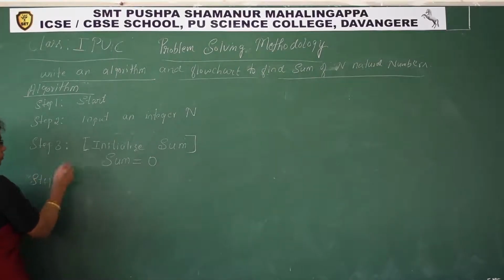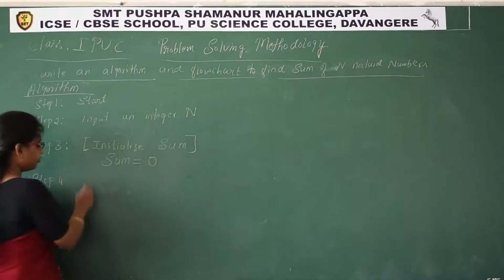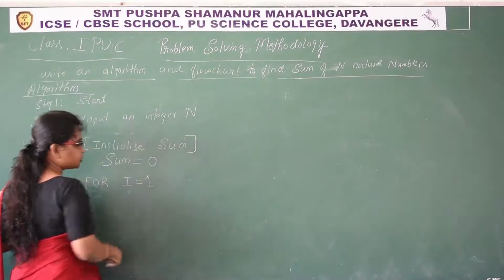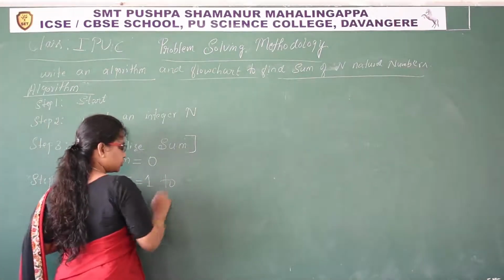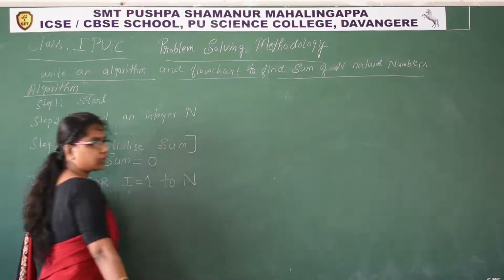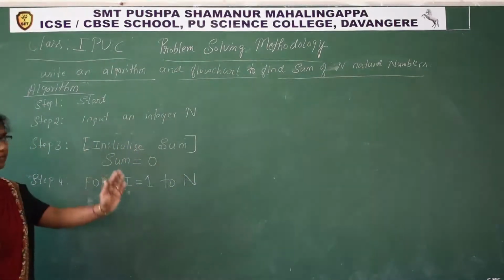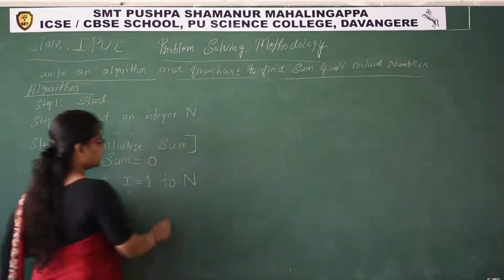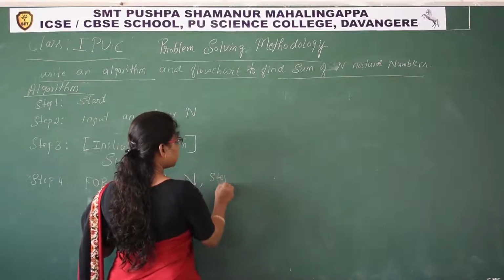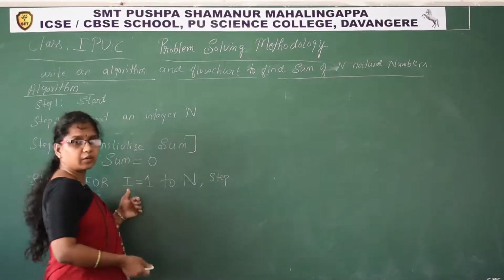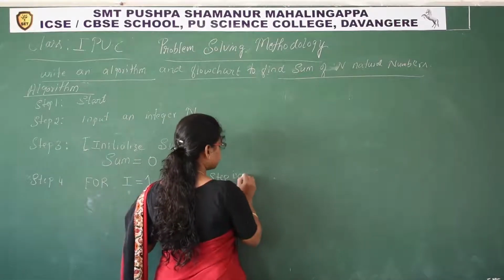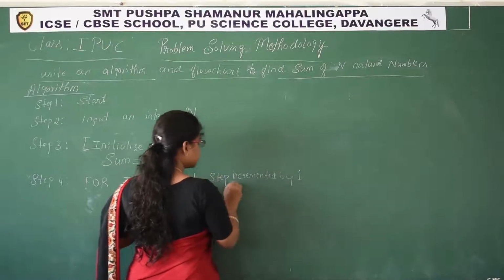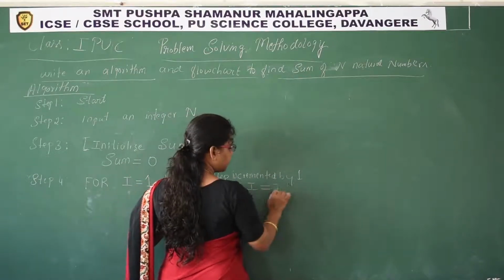Step 4, so let us start the loop for I starts from 1, I has to go from 1 to n. 1 to n means the loop should work for all values from 1 to n, and when I is less than or equal to n it also works. Next, step incremented by 1 means every time I has to be incremented by 1, that is I is equal to I plus 1.